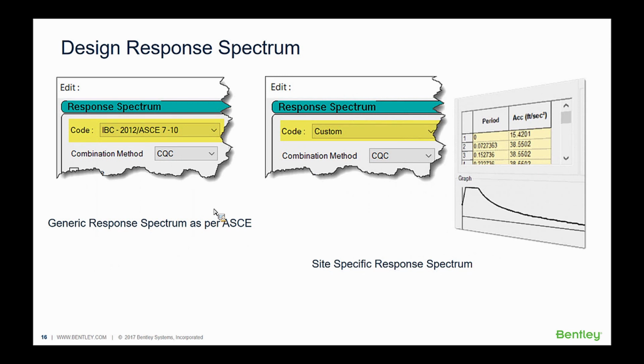One just needs to choose the IBC 2012 ASCE 7-10 as the seismic code, and the software would be able to generate the design response spectrum based on the code. Alternately, if there is a site-specific response spectrum data available, then one can just choose the custom option for the code and then define the period versus acceleration data directly into the software.